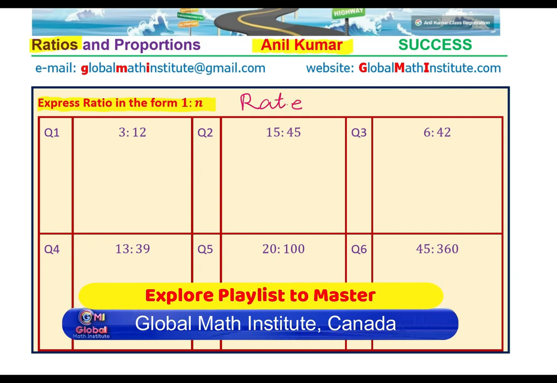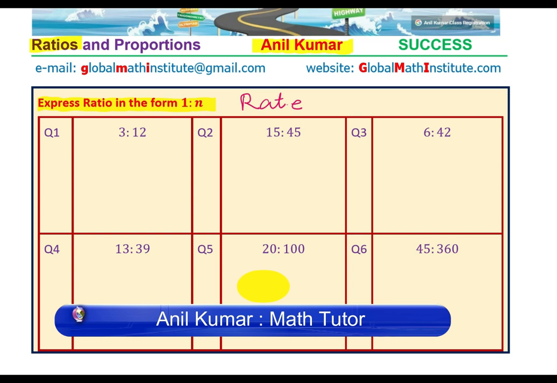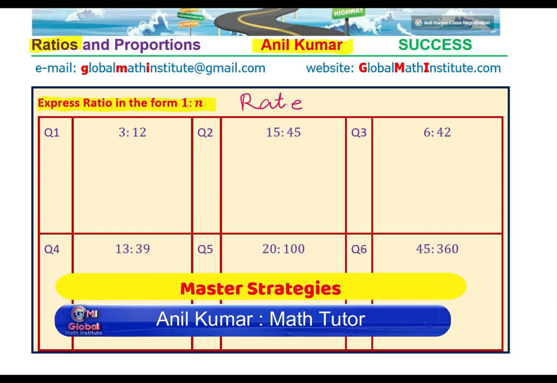As we go through the examples, we'll relate them to practical applications, which will give you more meaning than just writing the ratios in terms of 1 is to n. The whole idea is to have a great foundation for mathematics and then do amazingly well in coming times.